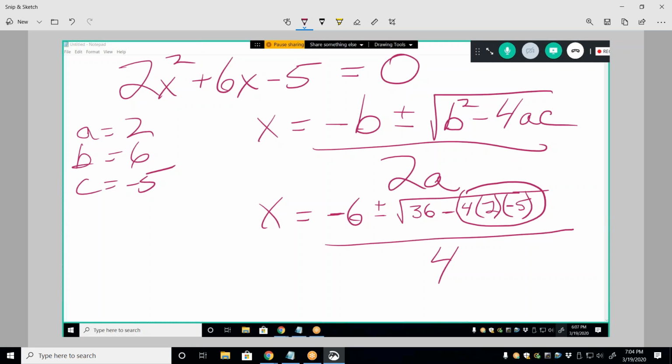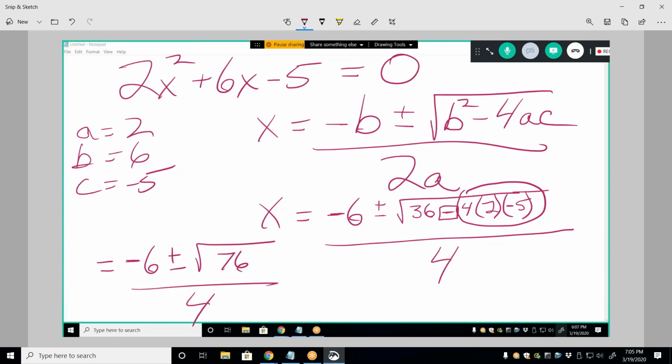And that's why it's important that you just do 4AC. Do not include this negative sign yet. Figure out what 4 times 2 times -5 is. That's -40. And now we have 36 minus a -40. That's actually 76. So our answer over here on the left is -6 plus or minus the square root of a positive 76 all over 4.